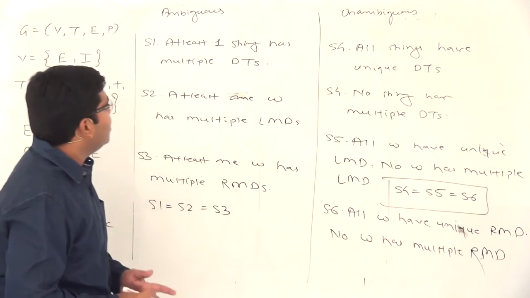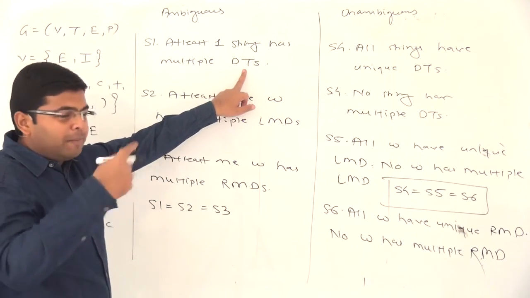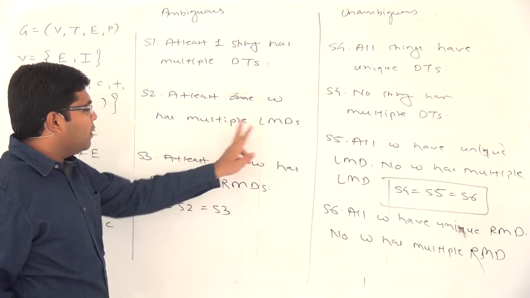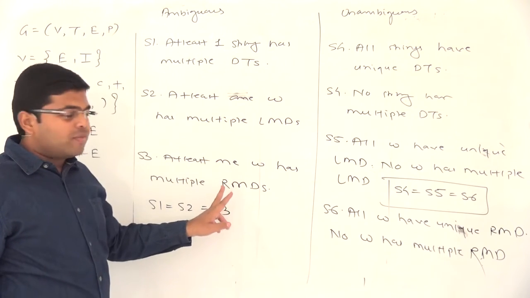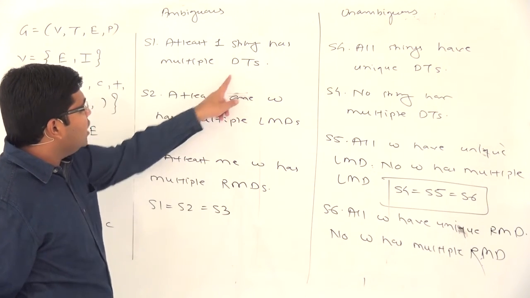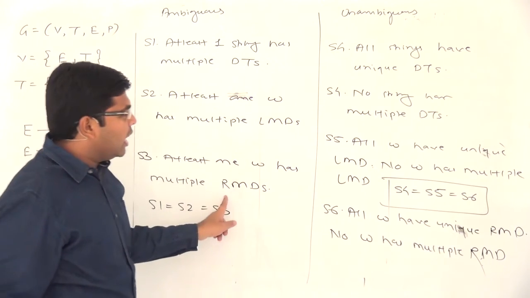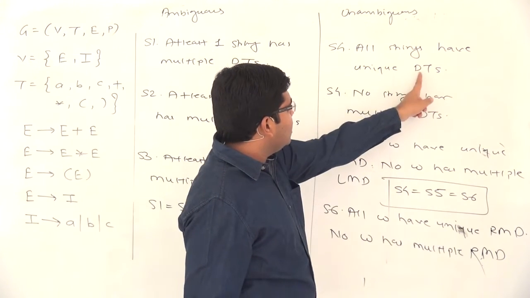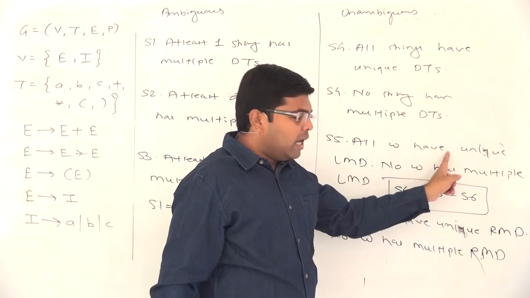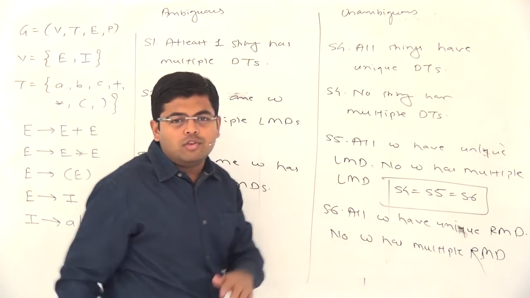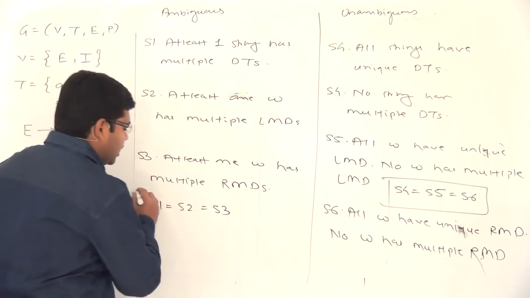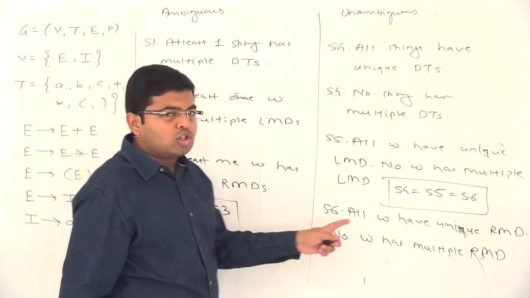And what does that mean? Multiple derivation trees if and only if multiple LMD, multiple LMD if and only if multiple RMD. Here, unique derivation tree if and only if unique LMD, unique LMD if and only if unique RMD. So all these are equivalent, and these are also equivalent.